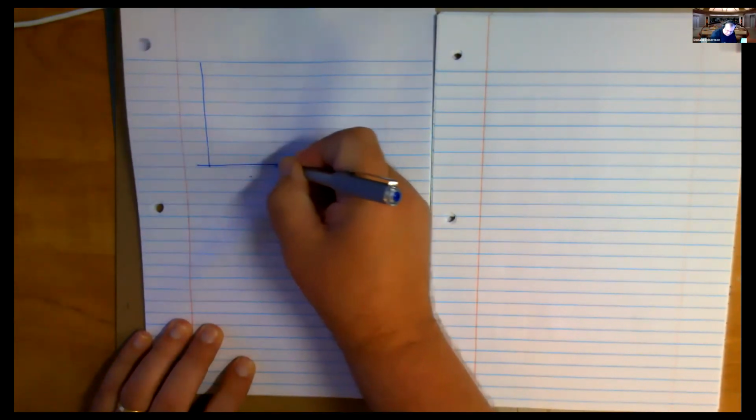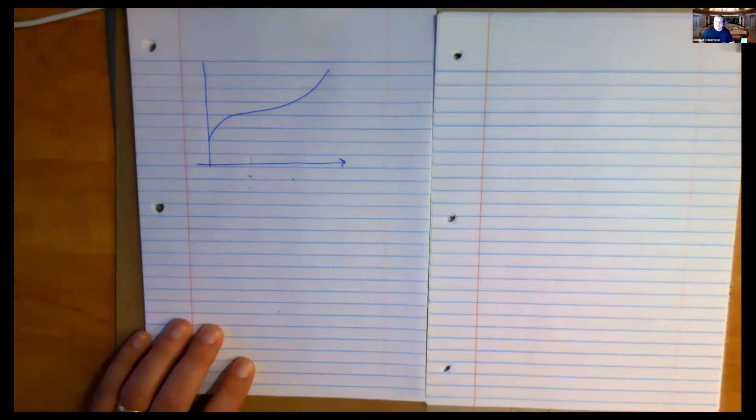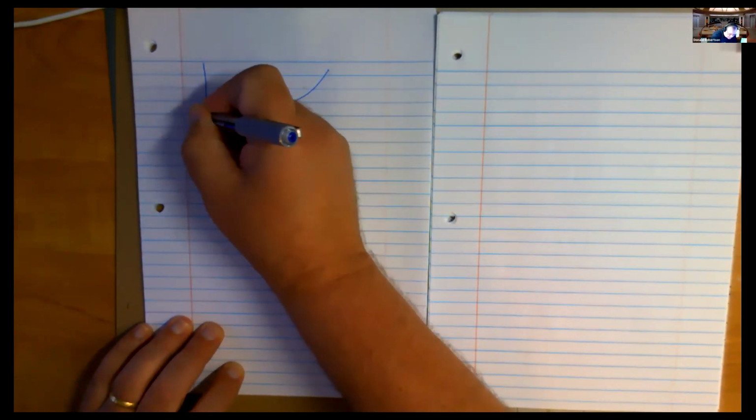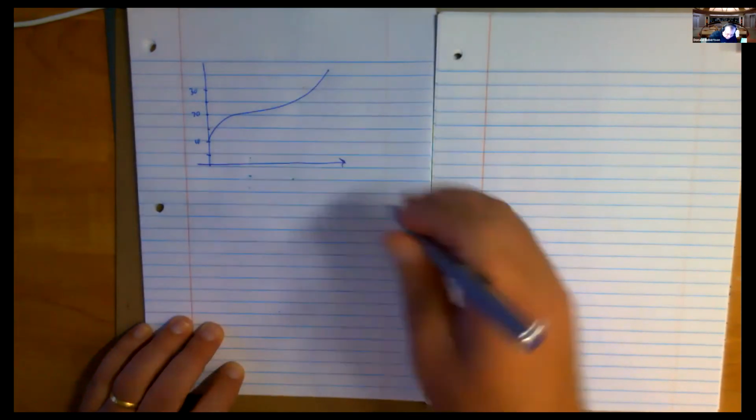Imagine that you're given a function, and it looks like that. It's going to go 5, 10, 15, 20, 25, 30. I don't need to go any further.